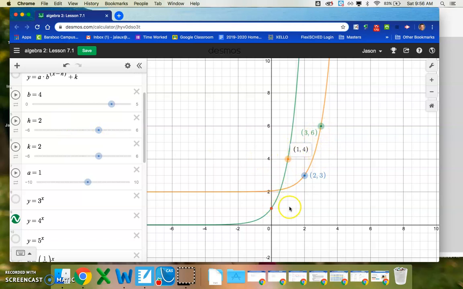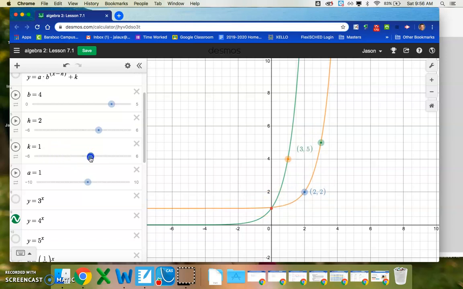Every point went right 2, up 2. So it's creating this transformation and the base value does not change. The only thing that changed is my horizontal asymptote has changed because I'm adding or subtracting a k value to it.